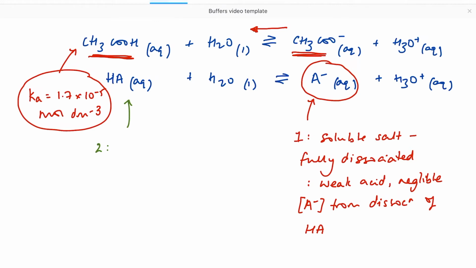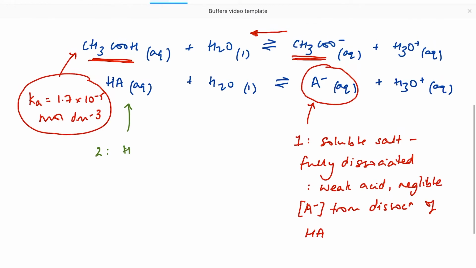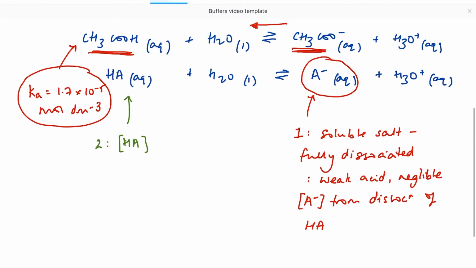So let's put that into words. Assumption number 2: the concentration of the acid, HA, remember square brackets denotes concentration, remains unchanged at equilibrium. Equals M is my personal shorthand for equilibrium.